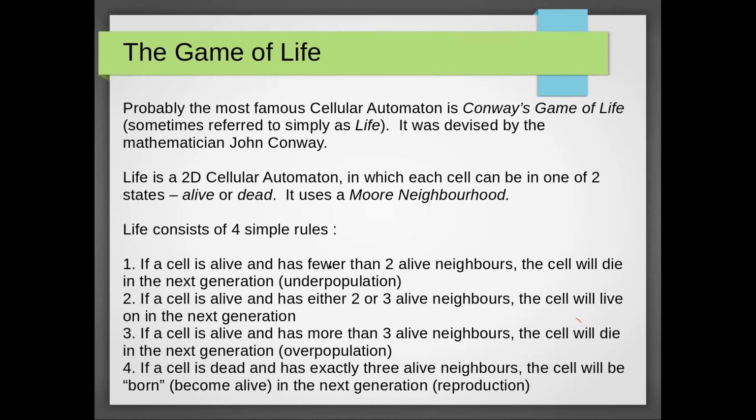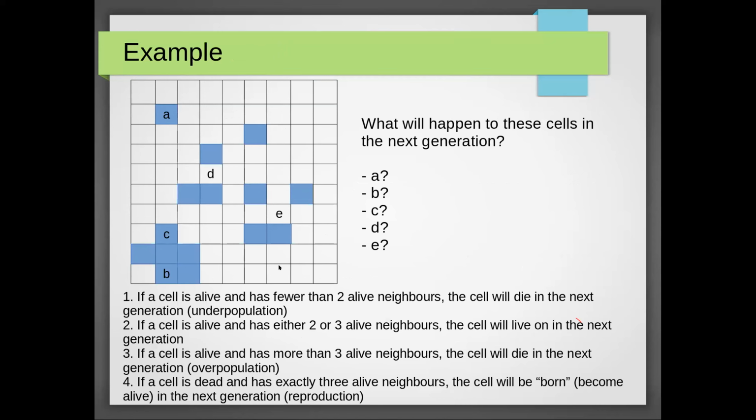If it's alive and has fewer than 2 neighbors, you die. If you've got 2 or 3 neighbors, you survive. If you've got more than 3 neighbors, you die. And if you're dead but you've got exactly 3 alive neighbors, then you'll be born in the next generation. We can imagine working that out on paper. Indeed, you get to practice it now. So given those 4 rules, what's going to happen to these cells in the next generation?